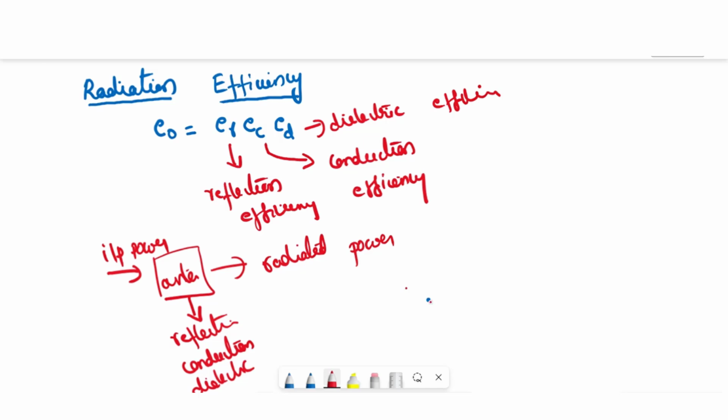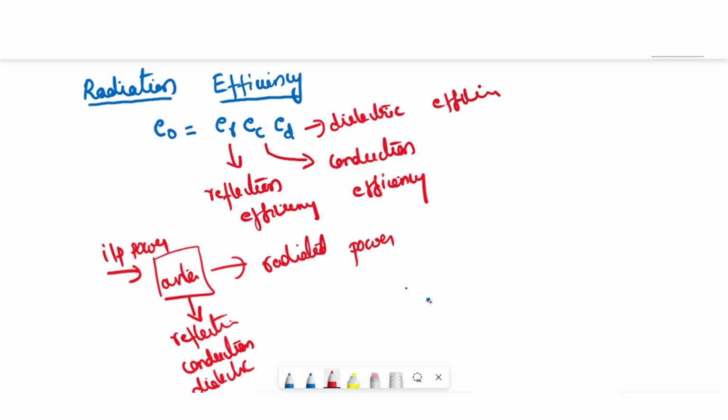Hence the radiated power is not equal to the input power. The power which is not converted into radiated power is the loss due to all these three: reflection, conduction and dielectric. So only after all the loss in the antenna happens will you get the radiated power.